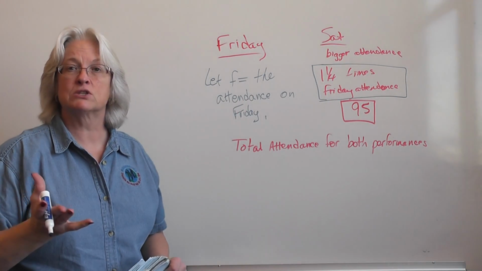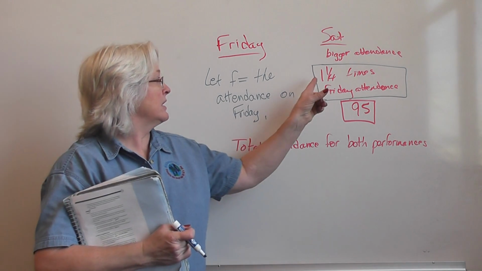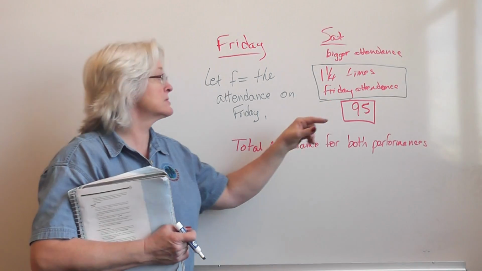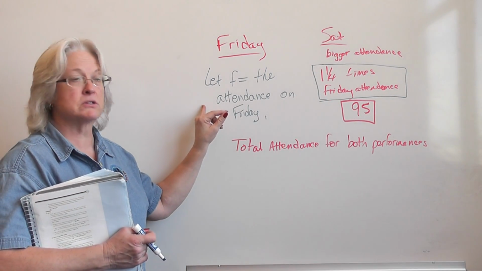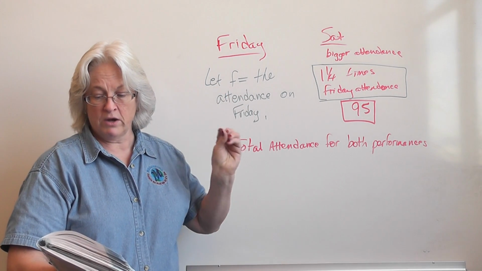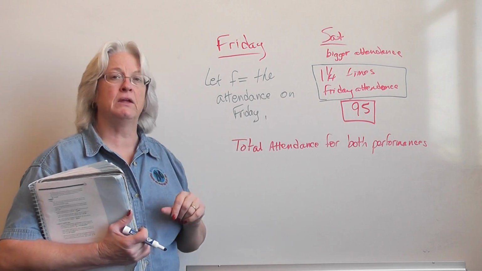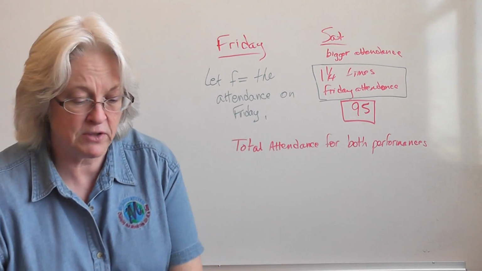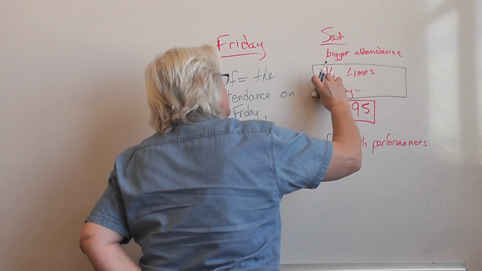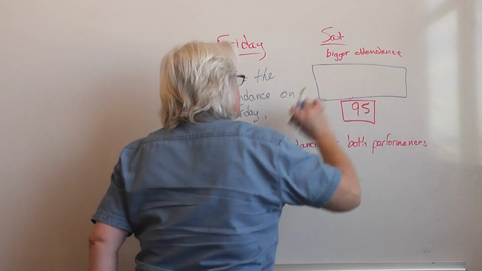We don't know what the attendance on Saturday was either, but we do know that it is 1.25 times Friday's attendance. So if Friday's attendance is F, then 1.25 times F would be the attendance on Saturday. So that's a very nice key piece of information that we have.